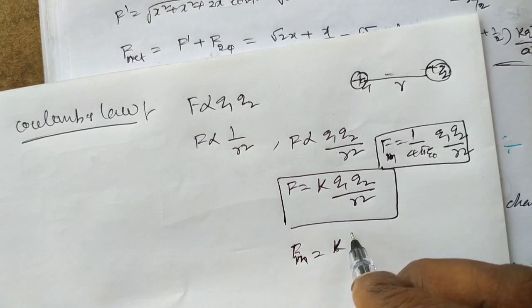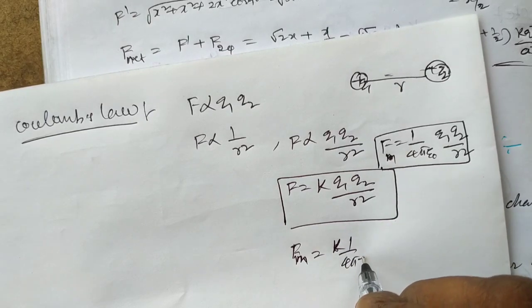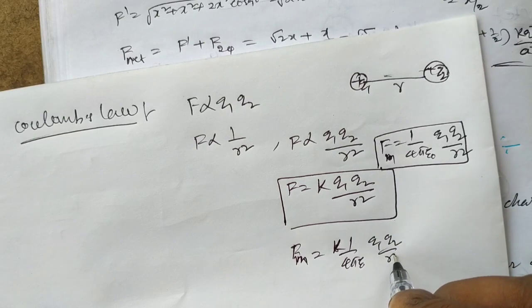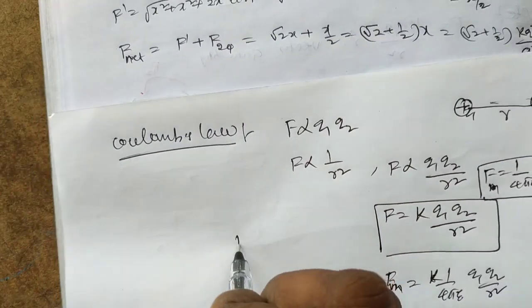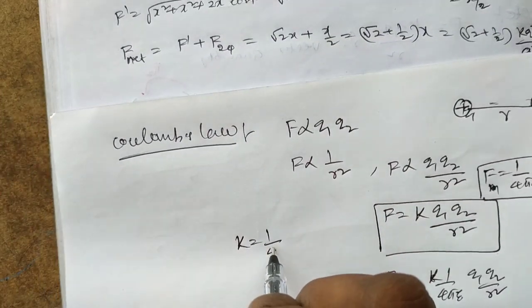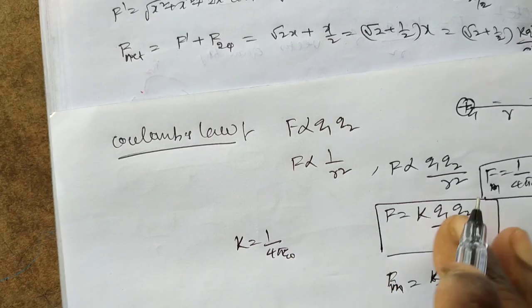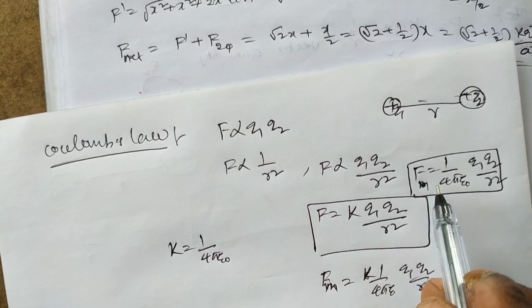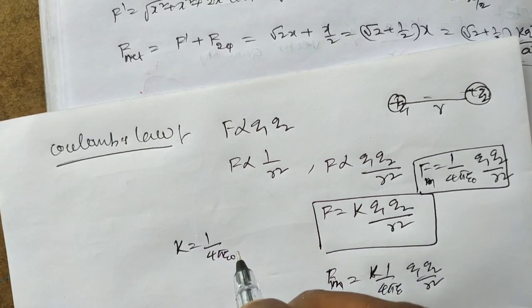Here K is a constant, that is 1 by 4 pi epsilon naught. This equation is in free space.